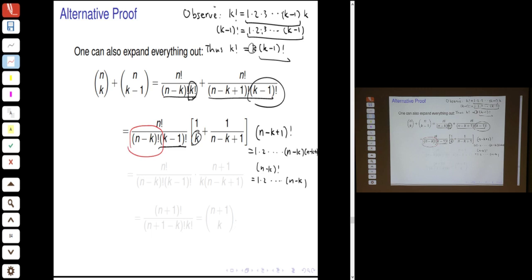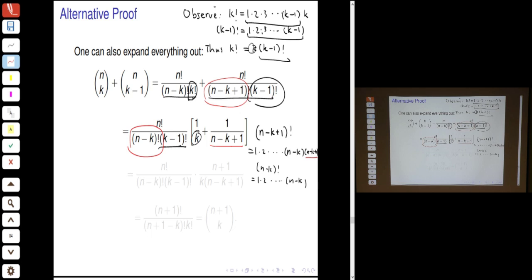Now, for the first fraction, downstairs, it only has a copy of 1. For the second, n minus k plus 1 factorial, you have this extra term, n minus k plus 1. So you get something here, right?